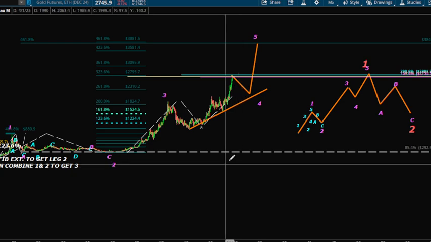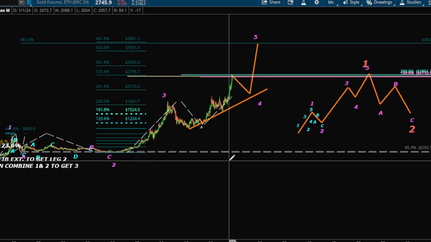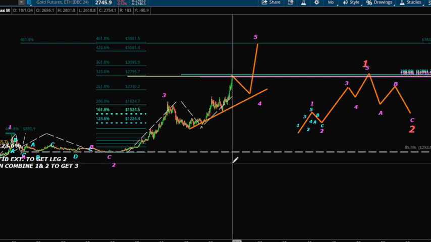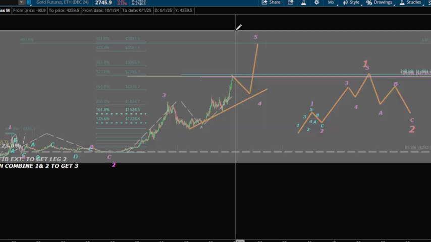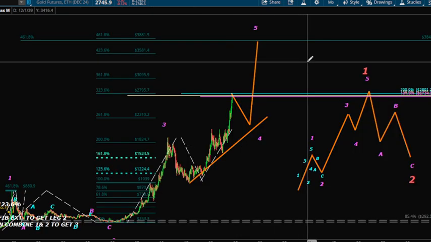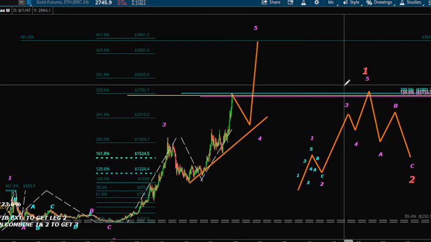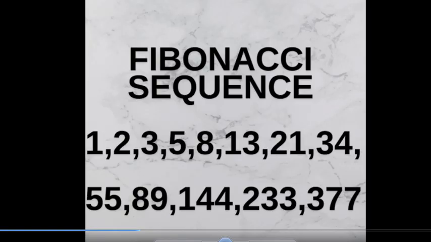Understanding Fibonacci sequence and Elliott wave is really simple. It's like chess. It's kind of easy to grasp the rules, but there are so many different strategies. The Fibonacci sequence was invented by Leonardo Bigollo back in the 13th century.